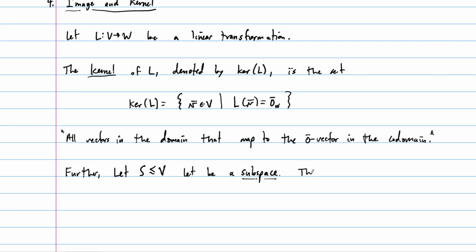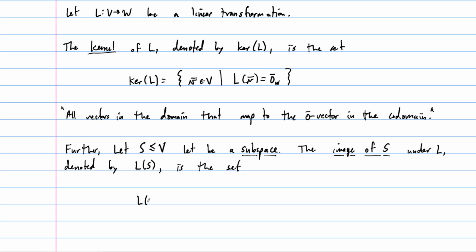So the image of this subspace S, the image of S under L, is the set, let's give it a name again, denoted by just plain L of S, all right? So this is the set, and the notation here should suggest exactly what the set's going to be.